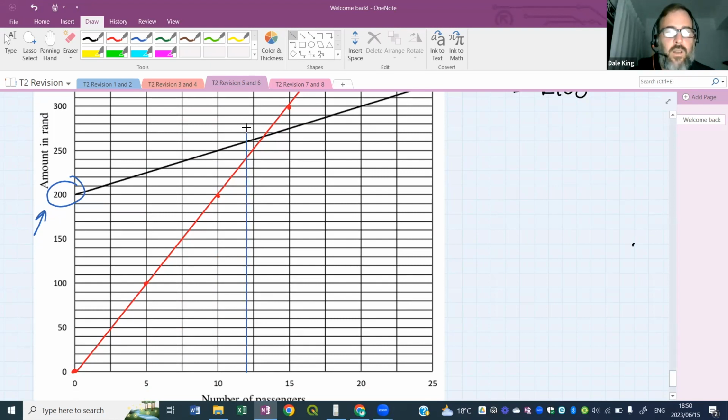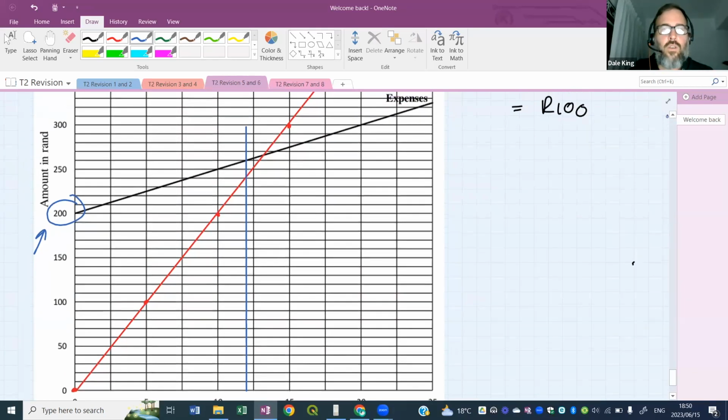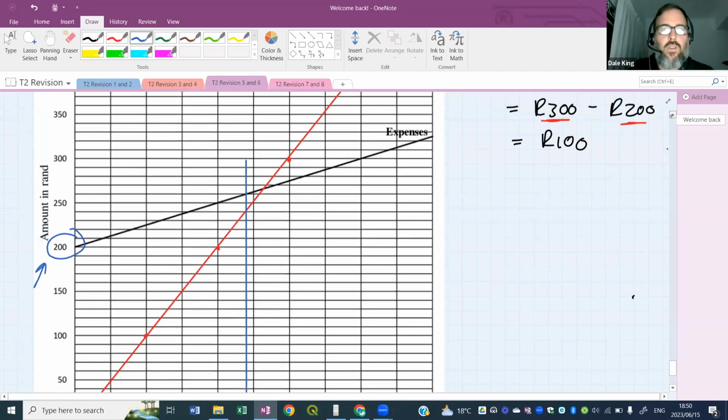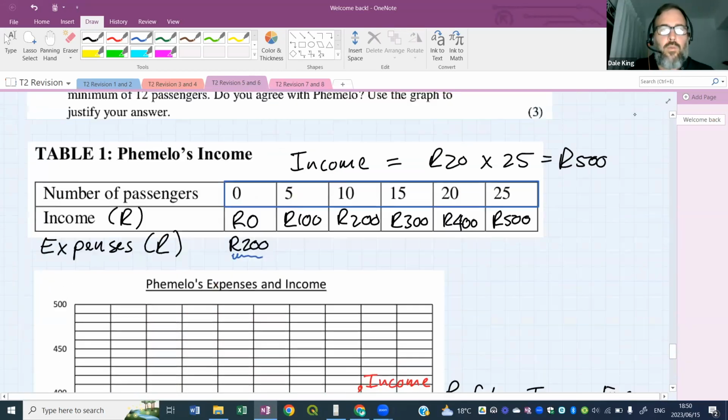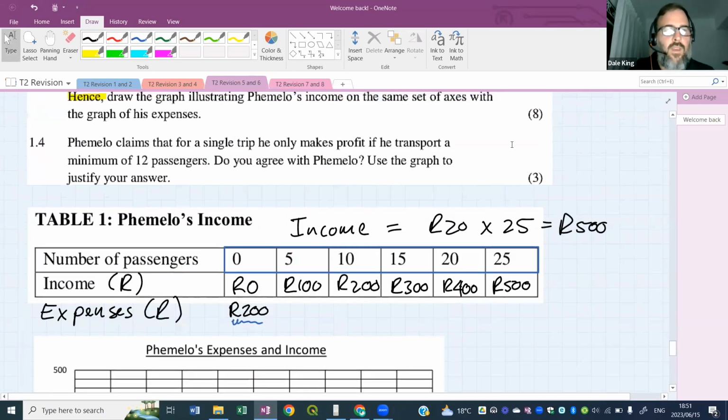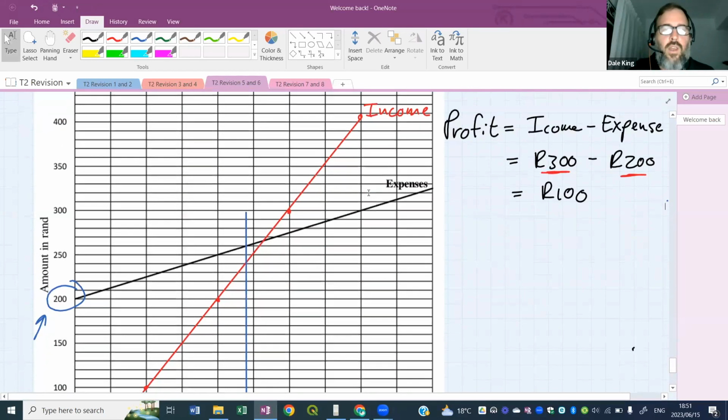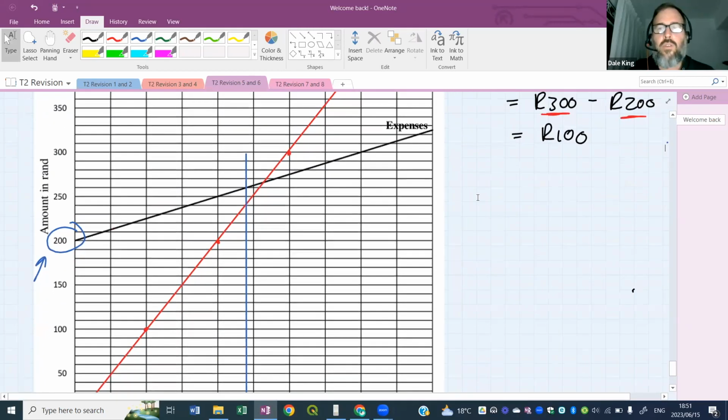So I'm going to draw a line straight up. That's 12 passengers there, that blue line. All right, which brave soul wants to help me explain? Pomelo says for a single trip, he only makes profit if he has a minimum of 12. So you've got to have 12 and then he makes profit. Is he telling the truth?